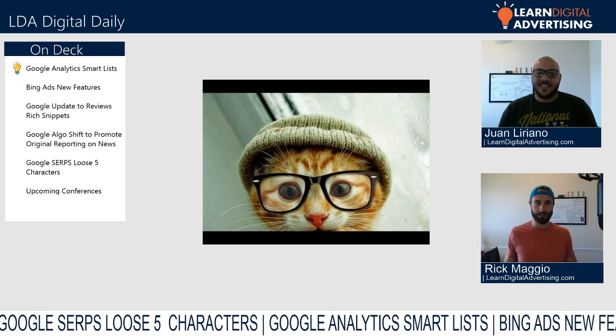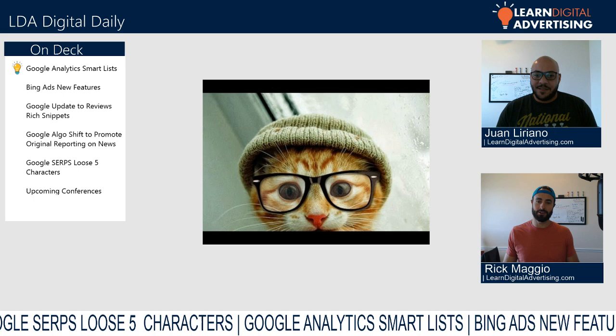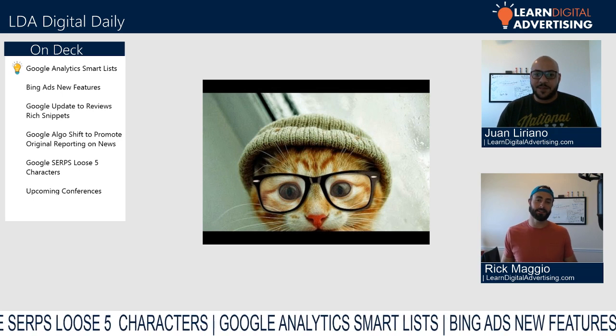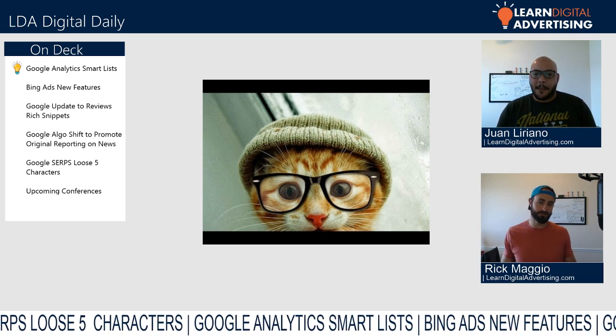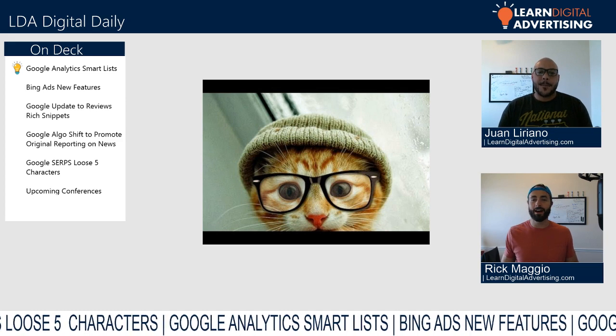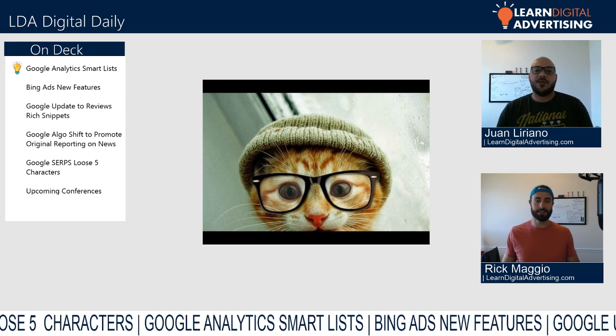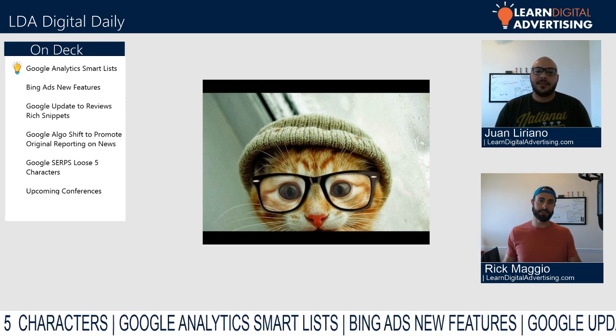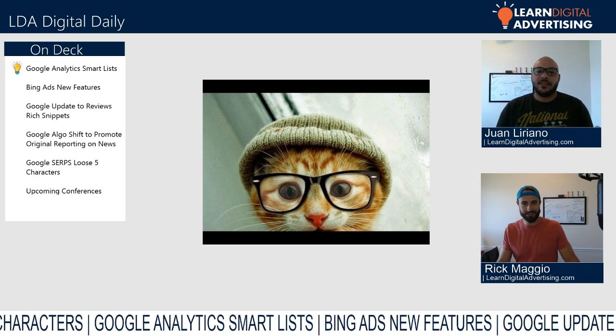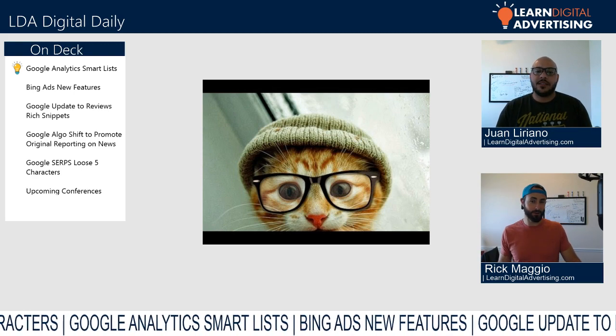So they use machine learning to look at things such as time on site and number of pages viewed and device and referrer and those sorts of things to basically create these smart audiences, which on the surface actually seem a lot smarter than their previous effort at smart goals.